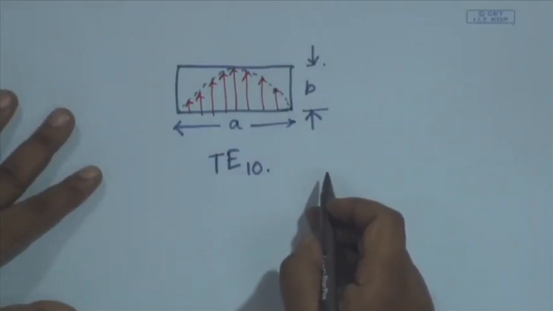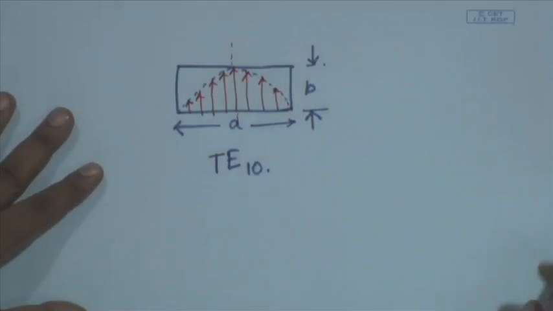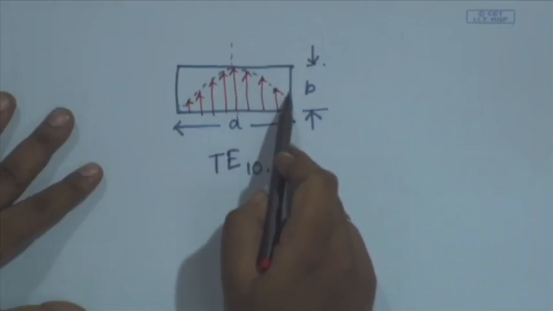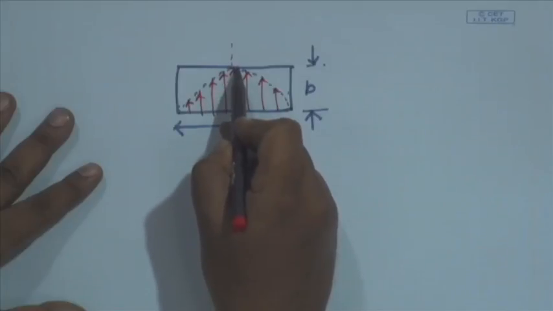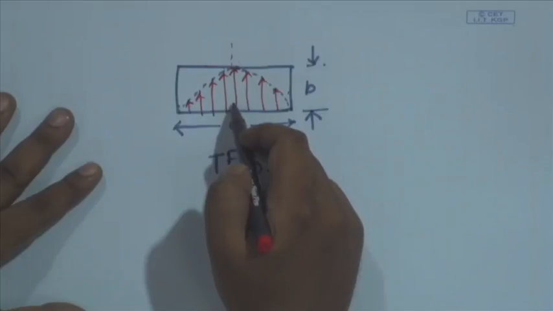So on the side walls, electric fields are 0. On the broadside at the mid plane, we have the highest current density Jc, and inside the waveguide we have the displacement current component Jd, which is maximum on the central plane.